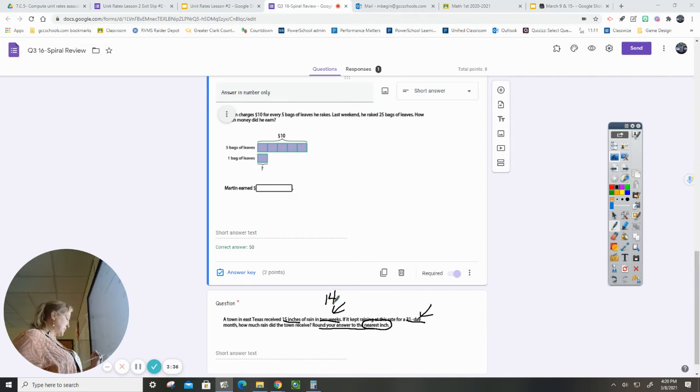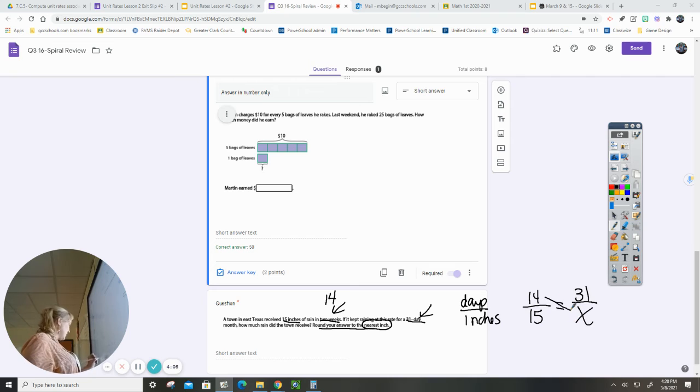So I'm going to put days over inches. And then I'm going to try to fill in my information. So 14 days had 15 inches of rain. And they want to know if it keeps happening, if that's the rate, then in 31 days, how much rain will they have?